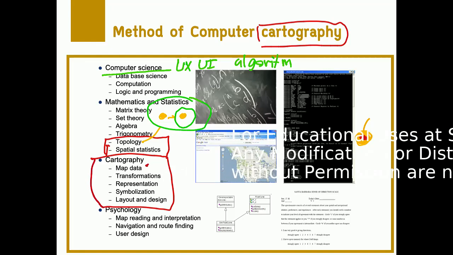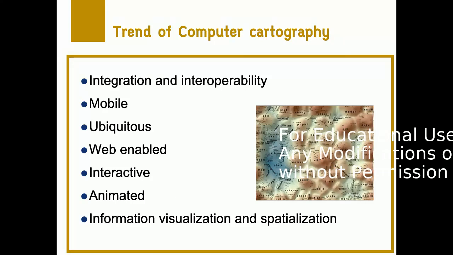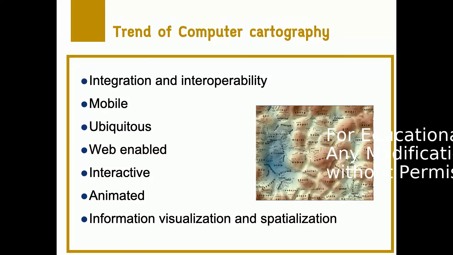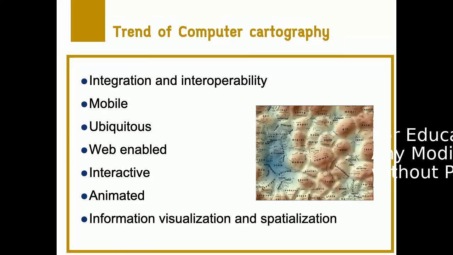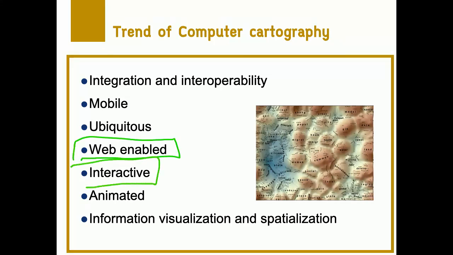Okay. And not only cartography, as I told you, web-enabled and interactive data are also important to fulfill the user's needs, right? When you study the user's experience, you will know what their problem is and what they need.